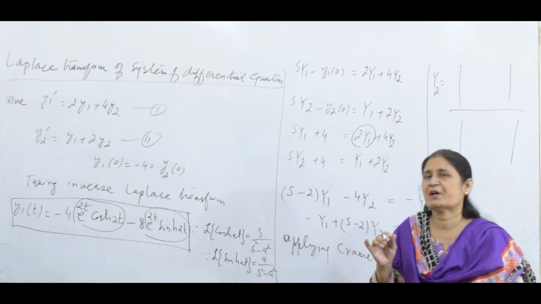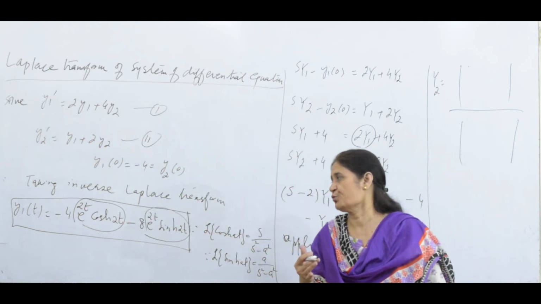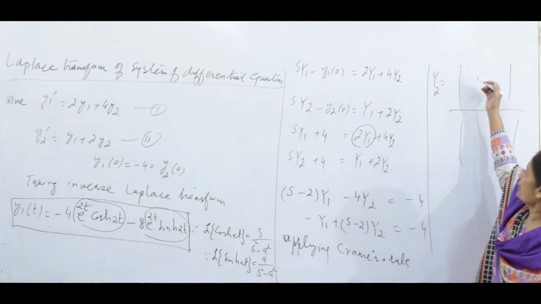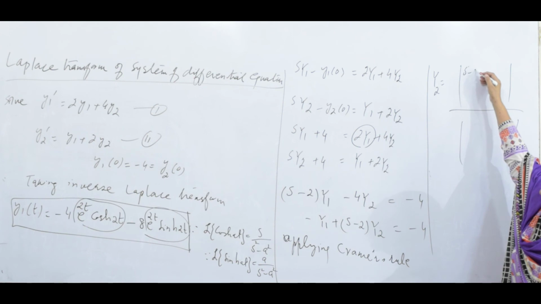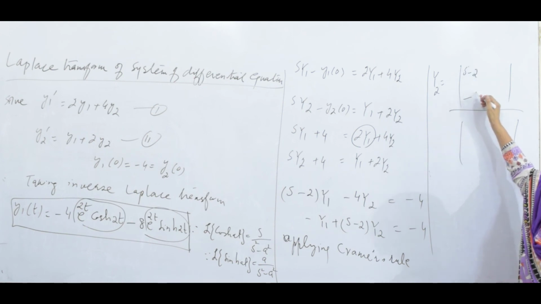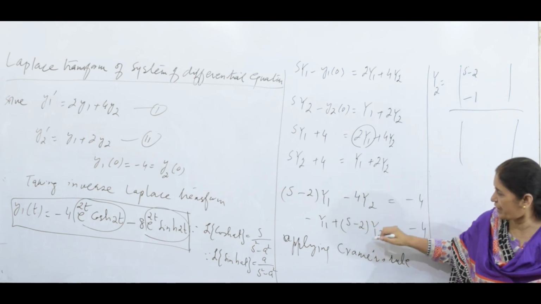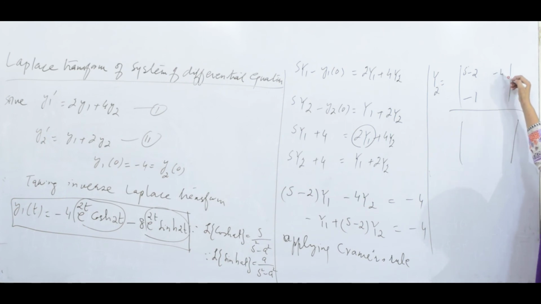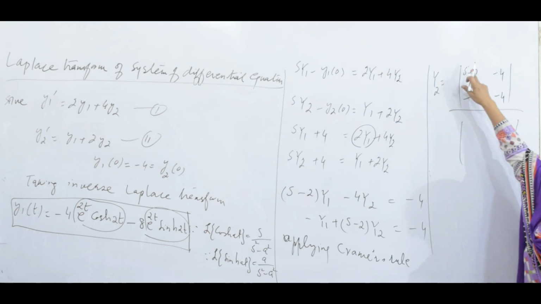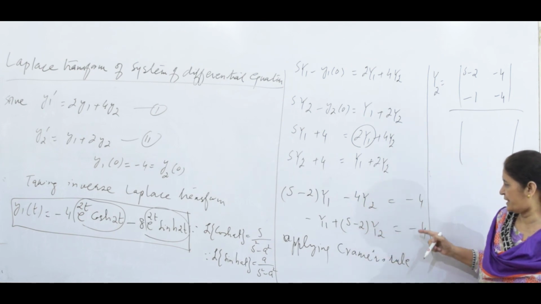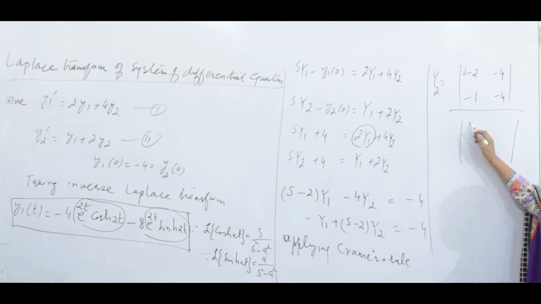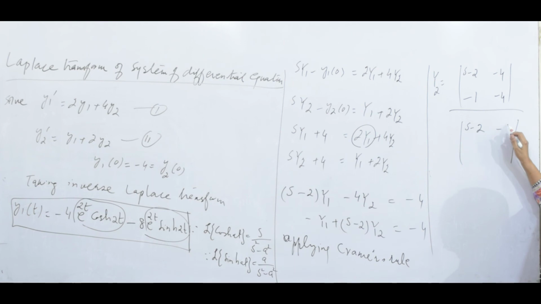Sometimes you have to make up your mind what to do, which is going to be good. So for y2, the coefficient of y1 is written as it is, the coefficient of y2 is replaced by the right hand side. This is what Cramer's rule is.